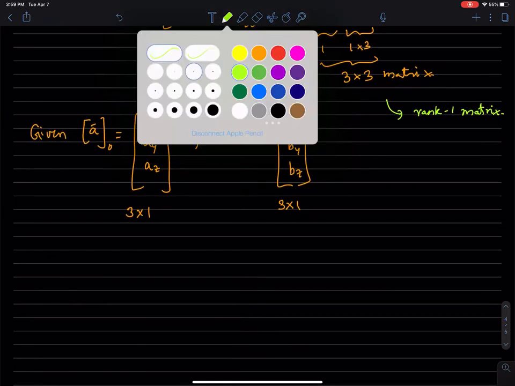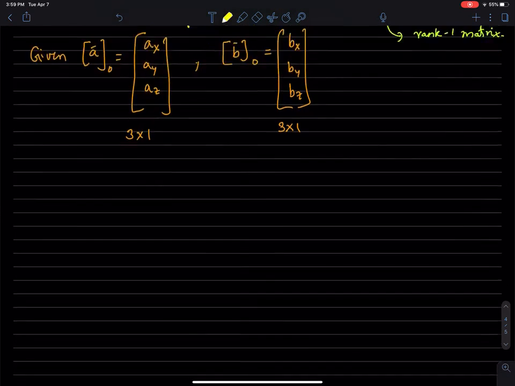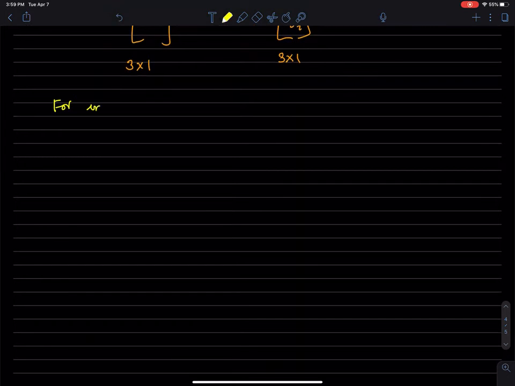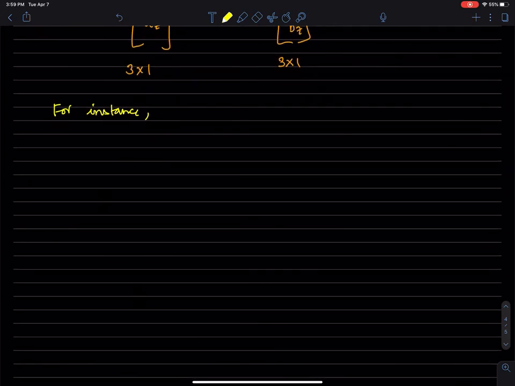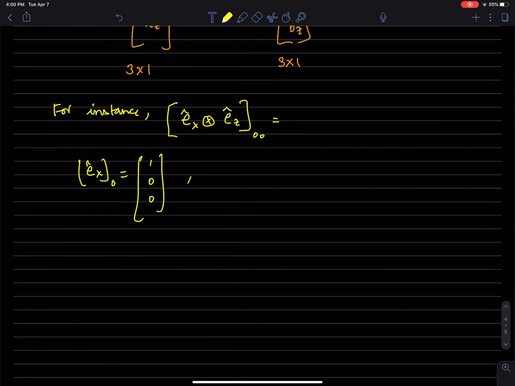Right, so for instance, if we take the dyad Ex, Ez, or something like that, the matrix representation of Ex in some XYZ, in their own coordinate system, is going to be 1, 0, 0, and Ez is going to be 0, 0, 1.